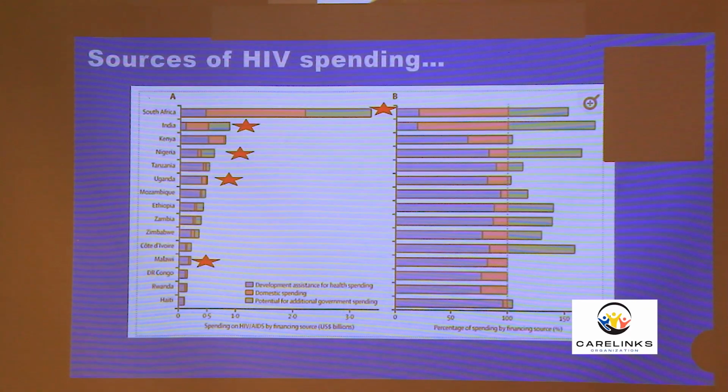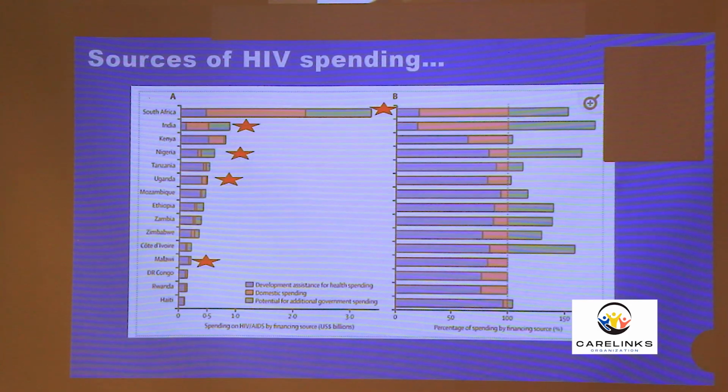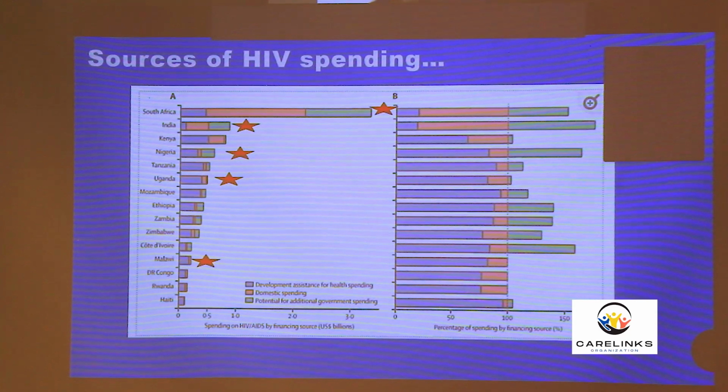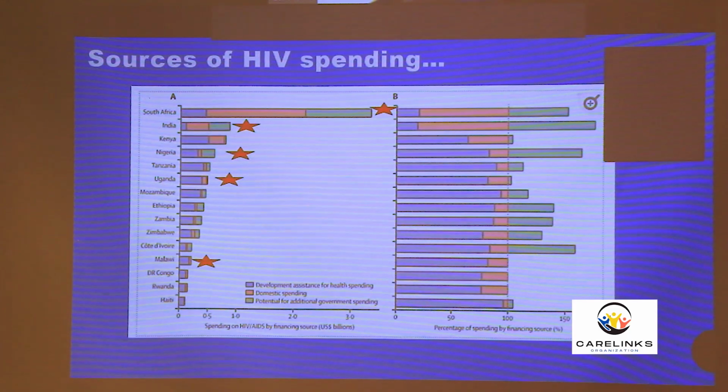If we look at where the HIV spending comes from, there's some dramatic differences. This graph shows three things. One is in the purple is the development assistance for health spending. In other words, the contribution of other countries, NGOs, etc., to HIV spending.